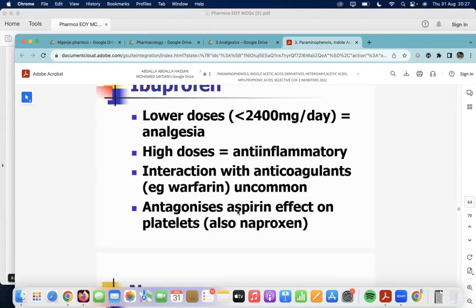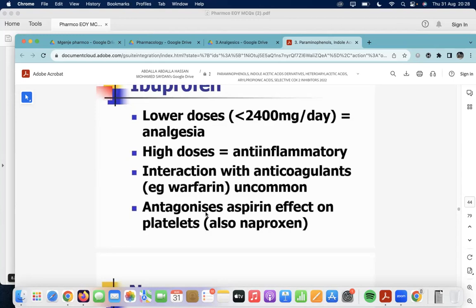The notes are saying ibuprofen antagonizes the ability of platelets to aggregate, so it promotes platelet aggregation. So maybe ibuprofen promotes platelet aggregation, but somehow through another mechanism it prolongs bleeding time. It's just that we are not sure how.